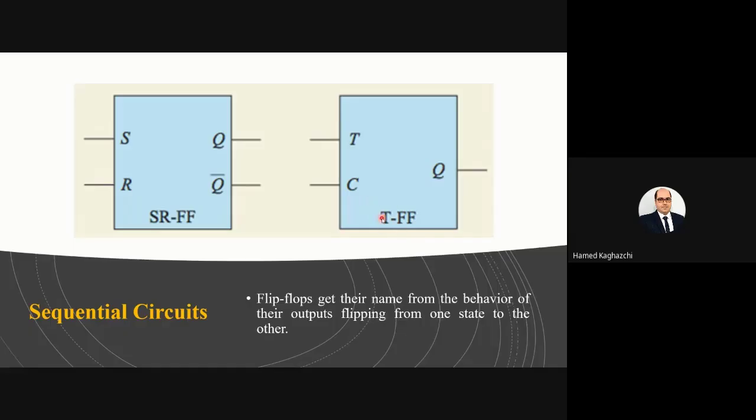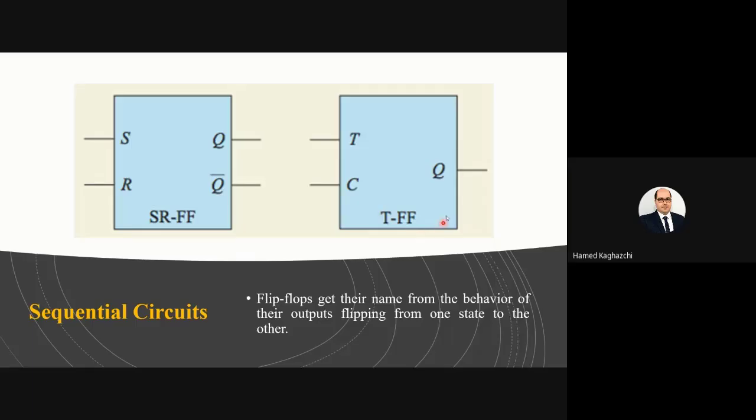The meaning of toggle is to complement the current value of the output. If we say that we toggle something, it means that we complement this value.